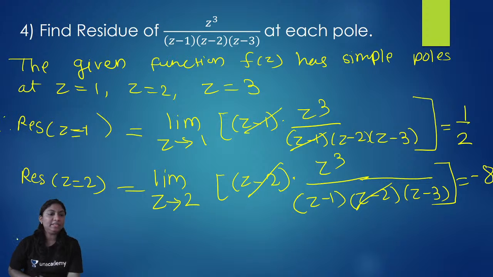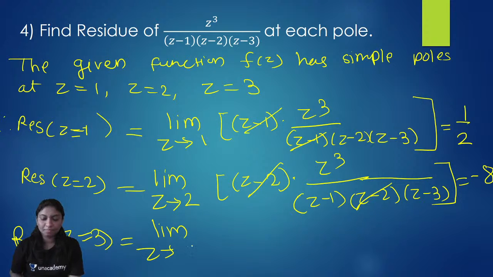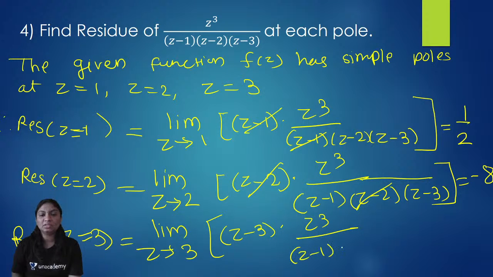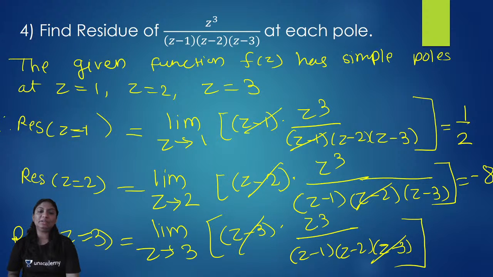Now the residue at z = 3. So the limit as z tends to 3 of (z minus 3) into z cube upon (z minus 1)(z minus 2)(z minus 3). So obviously you will get this. Put z = 3. 3 cube is 27, upon 3 minus 1 which is 2, into 3 minus 2 which is 1.